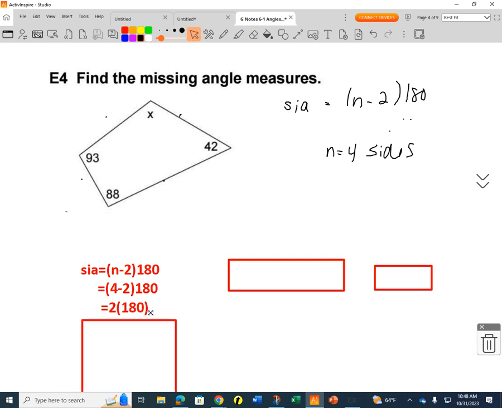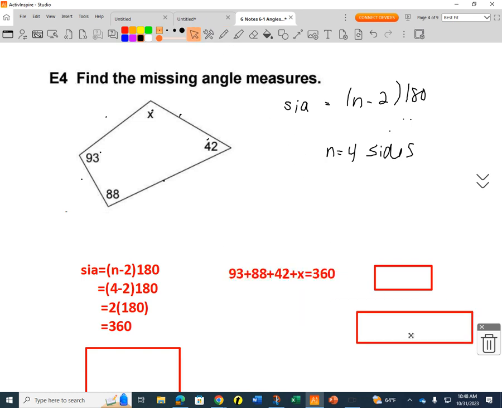And so the sum of the interior angles is 360. So this plus this plus this plus this equals 360. So now we can write that equation.